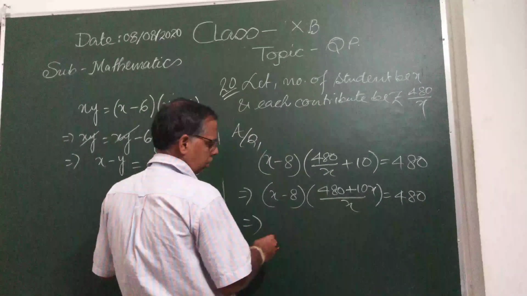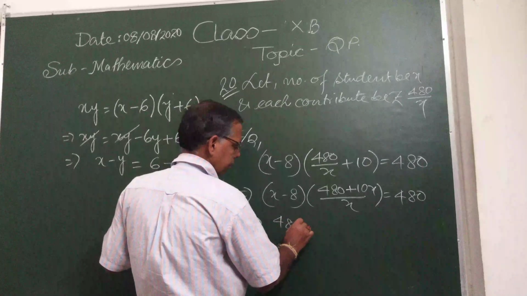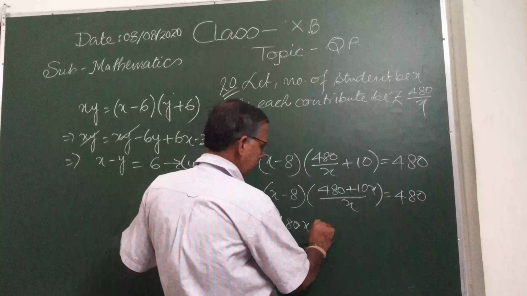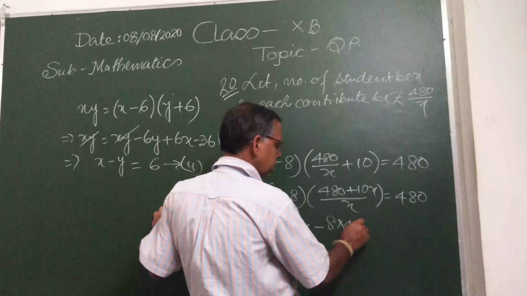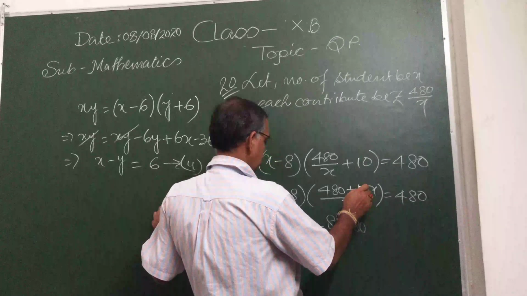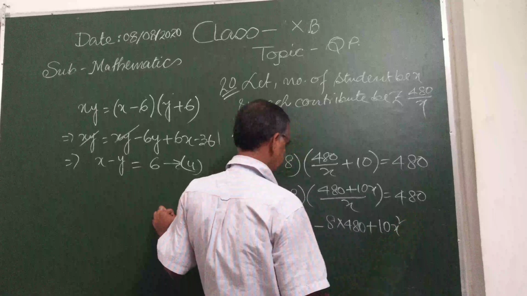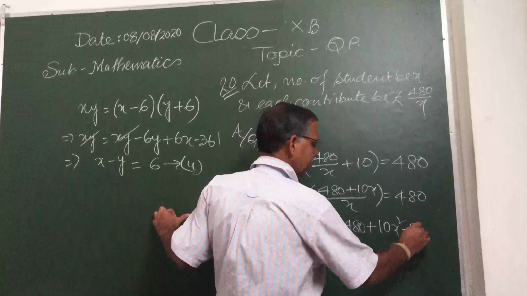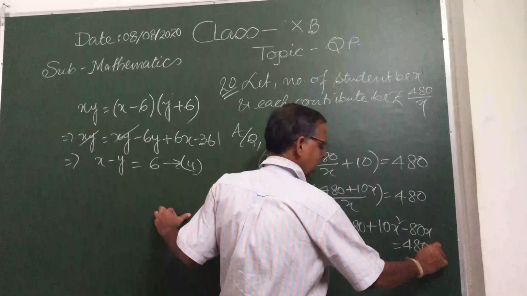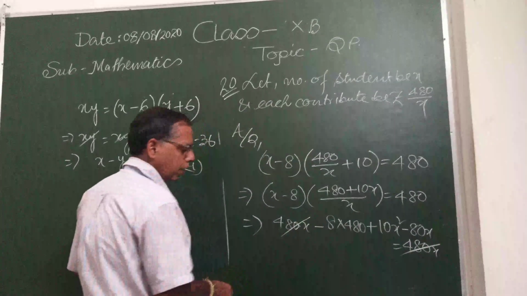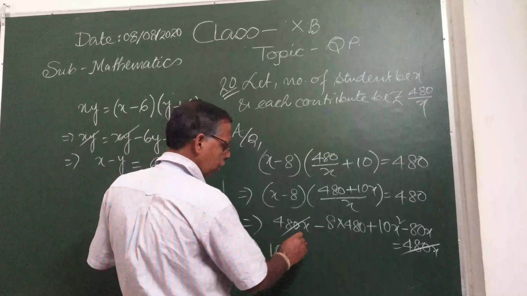This implies 480x minus 8 into 480 plus 10x square minus 80x equal to 480x. This one cancels. So ultimately, see, 10 common.